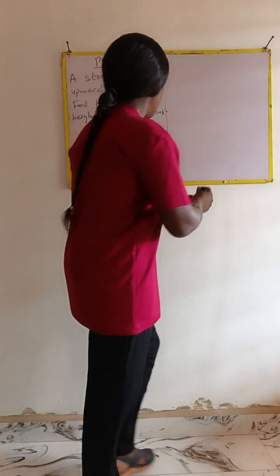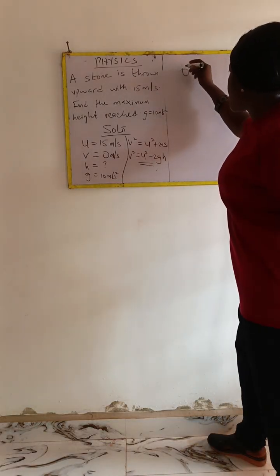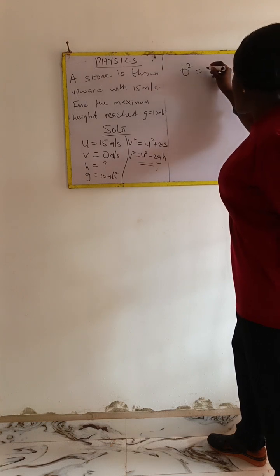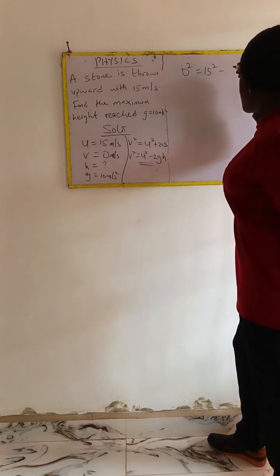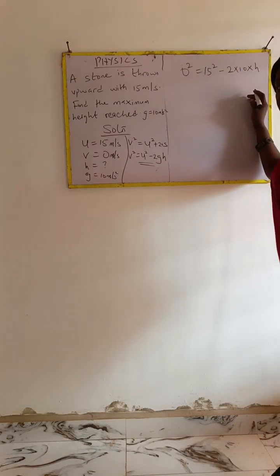Now we have 0 squared equals U squared, which is 15 squared, minus 2 times 10 times h.